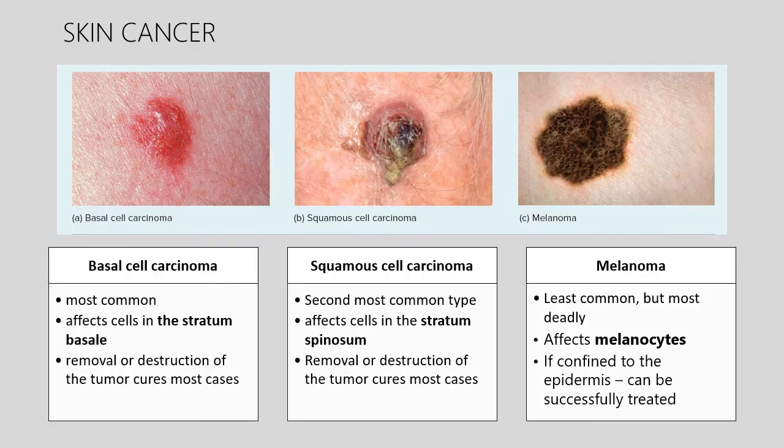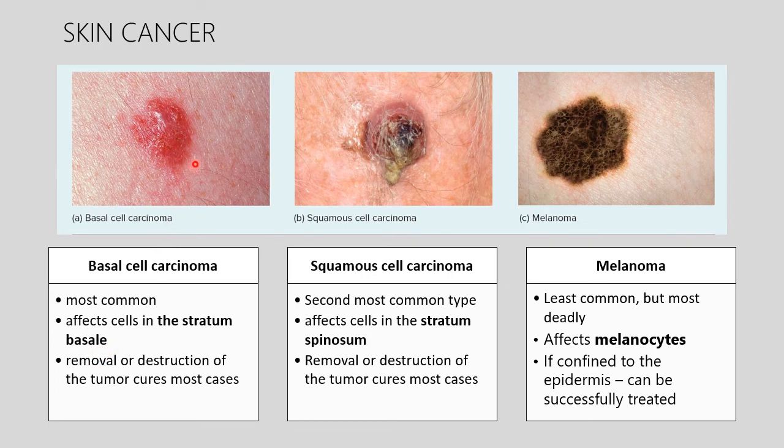So there are three types of skin cancer. You have your basal cell carcinoma, your squamous cell carcinoma, and your melanoma. So let's discuss basal cell carcinoma first. These are the most common type of skin cancer, and they affect cells in your stratum basale, or your stratum germinativum. They often have varied appearance.